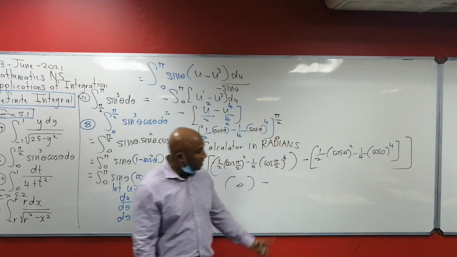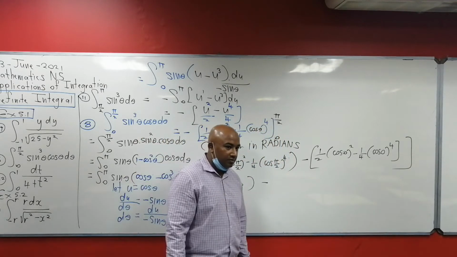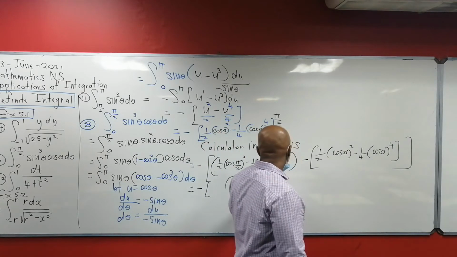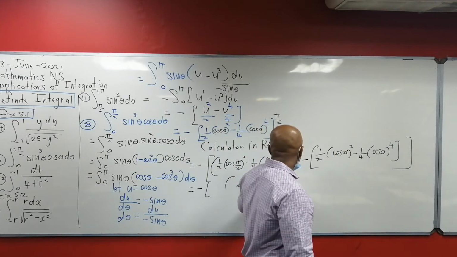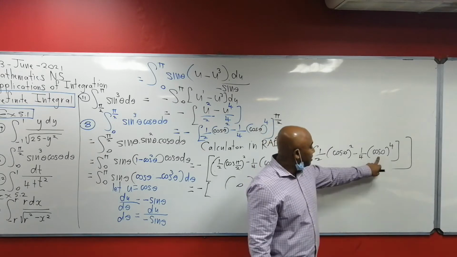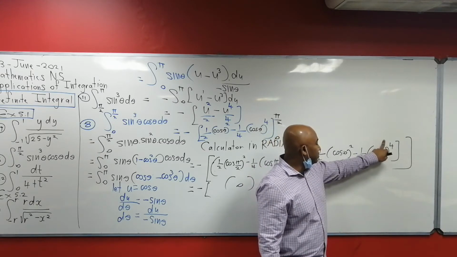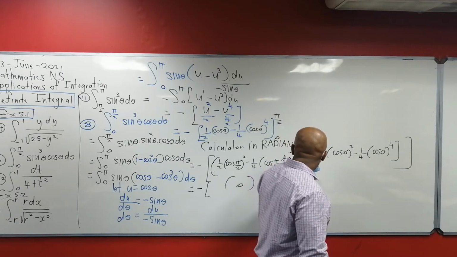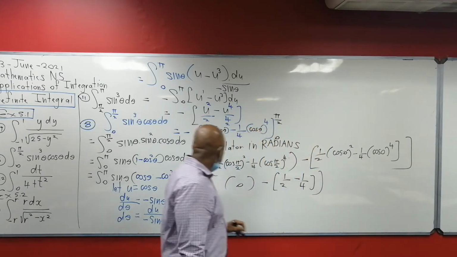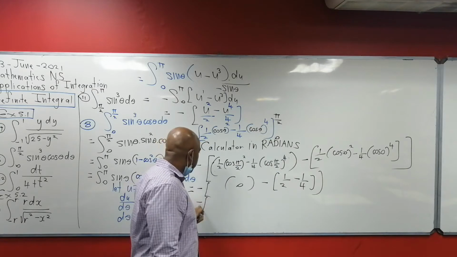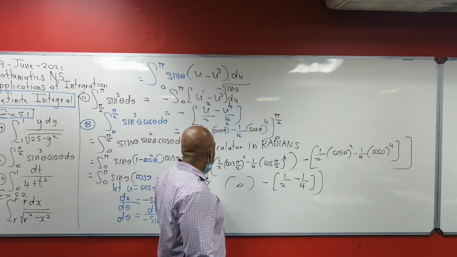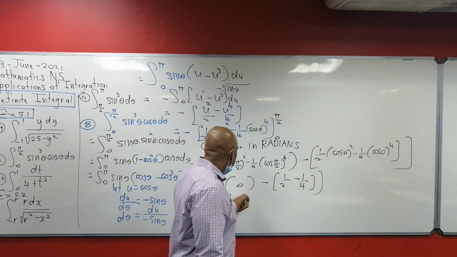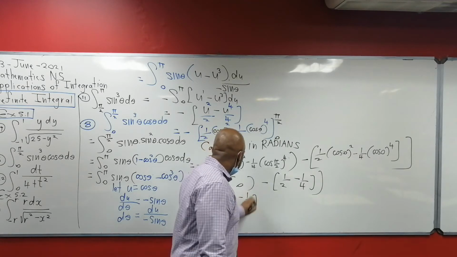I know from my trig graph that cos of 0 is 1. So 1 squared is 1. So that becomes 1 times half, which is just half there. Cos of 0 is 1, 1 to the power of 4 is 1, times minus 1 over 4 is minus 1 over 4. Right, so basically I got minus 2 over 4, minus 1 over 4 there.